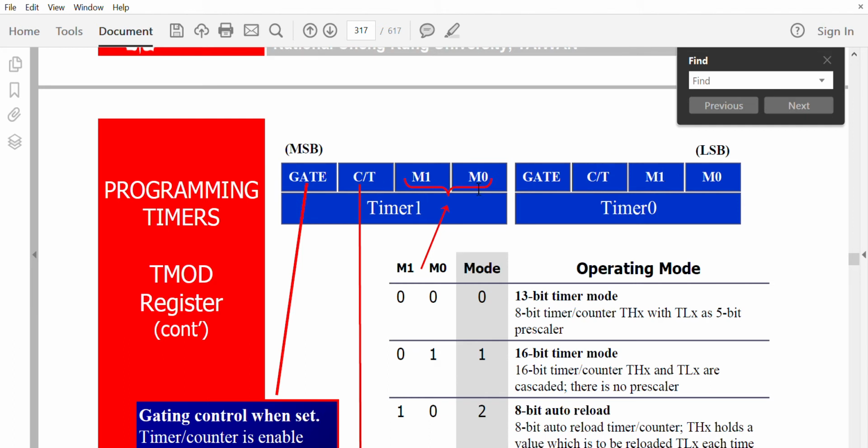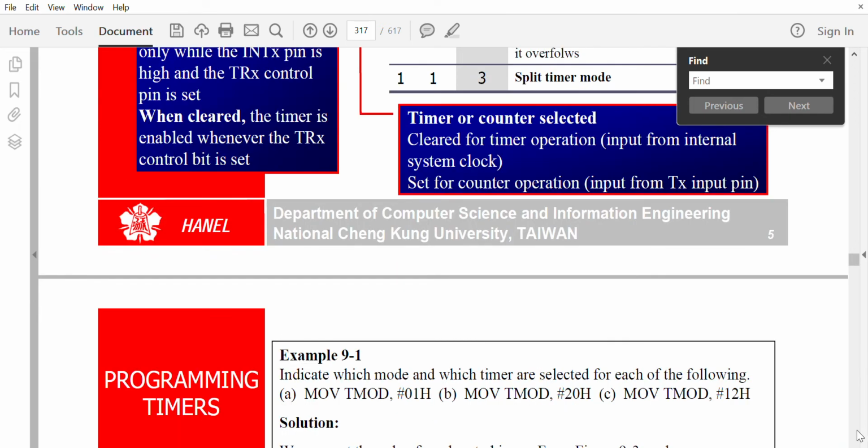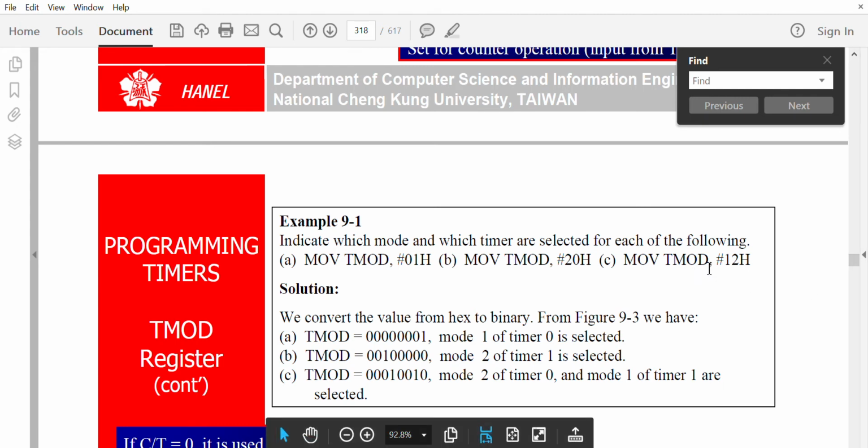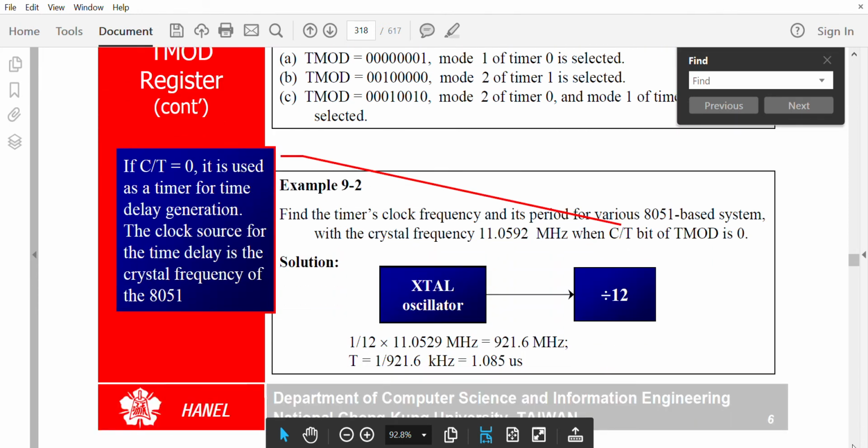So 0001 means timer 1 is in mode 1 and timer 0 is in mode 2. So you can have modes for both the timers or a mode for only one timer, depending on the value you are going to move to TMOD. So this is mode 2 of timer 0 and mode 1 of timer 1. So you can find that out.